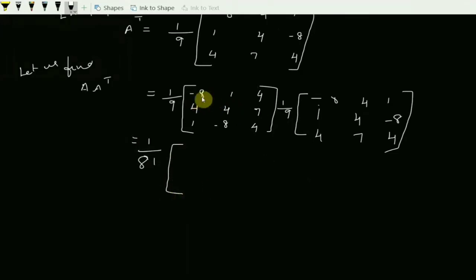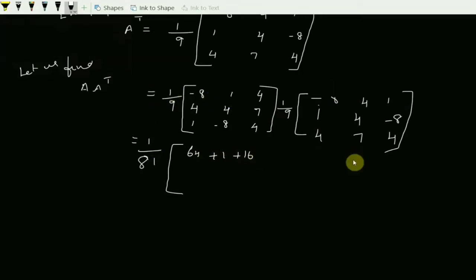Then you're going to multiply these two matrices. That means the first row and first column, first row and second column, first row and third column. When you multiply first row and first column, you will get 64 plus 1 plus 16, correct?